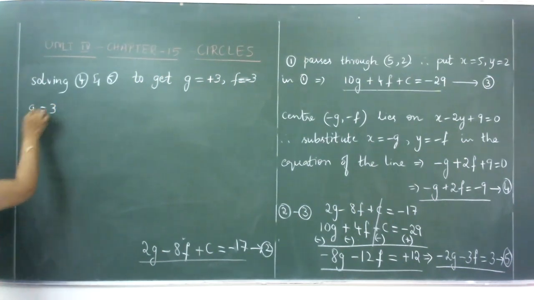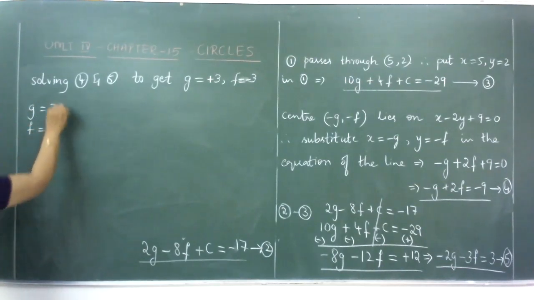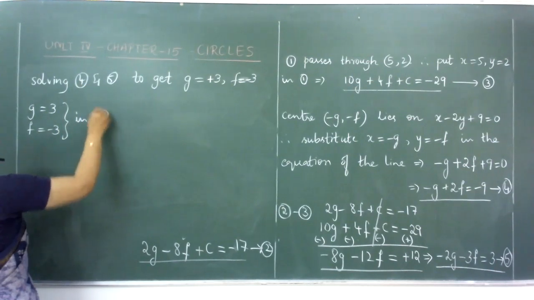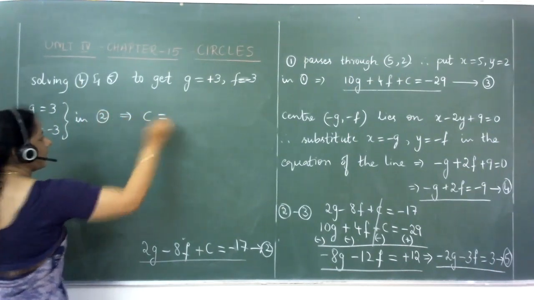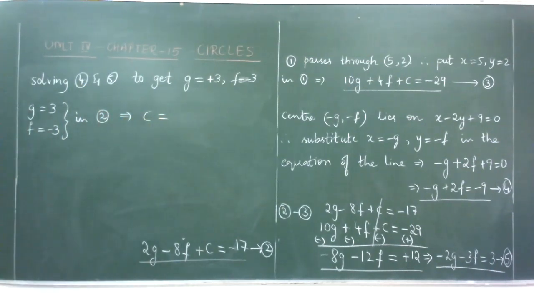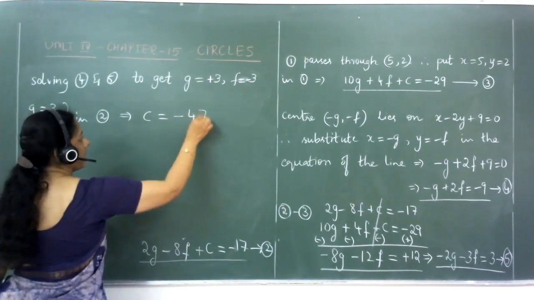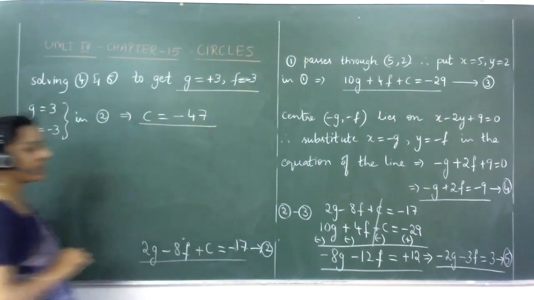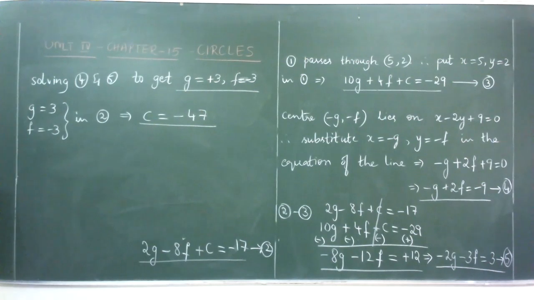G equal to 3, f equal to minus 3, substituted maybe in equation 2, which will subsequently give us the value for c. C, which is obtained, is equal to minus 47. So you have g as plus 3, f as minus 3, c is equal to minus 47. All the three parameters are done.